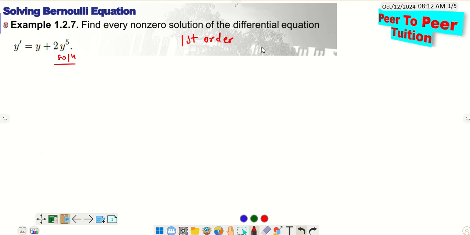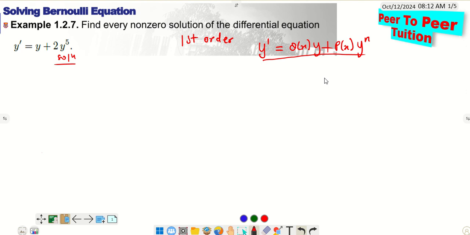It is of the form y prime is equal to q of x y plus p of x y to some power n. Whenever you see an equation in this form, it is called a Bernoulli equation.